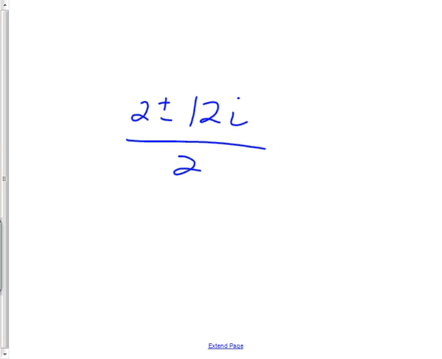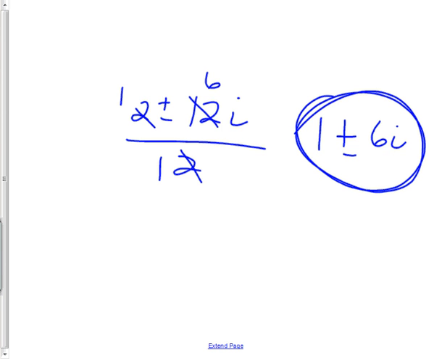And then you can simplify things and say, oh, there's a 2 in here. 2 goes in there once, 2 goes in here once, and 2 goes in here 6 times. 1 plus or minus 6i all over 1. And something over 1 really doesn't do anything, right? So I can just get rid of that divided by 1, and there would be my answer. That's an example of how to do the imaginaries. But for today, you can just say imaginary or not real. Okay? All right, moving on.